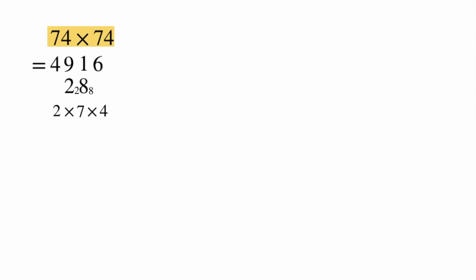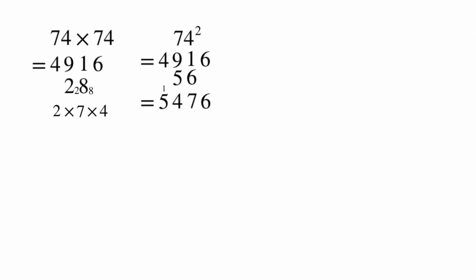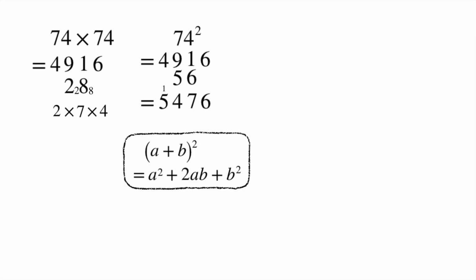Knowing this, 7 squared, 2 times 7 times 4, 7 times 8, then 4 squared, and the sum. This is what we used.